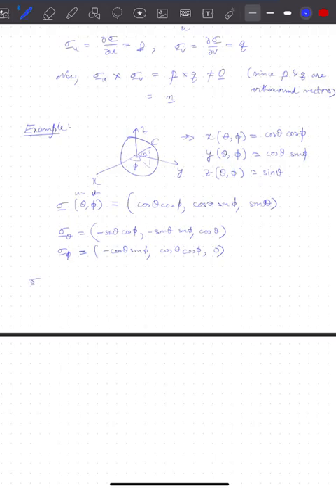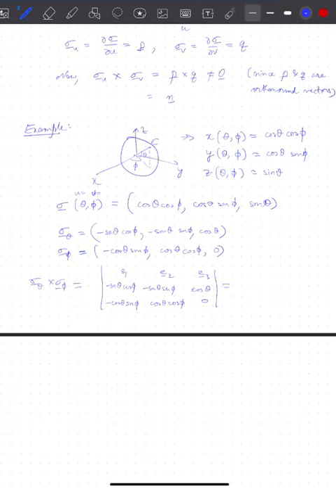And let's take its cross product. So sigma theta cross sigma phi is equal to, in this, say E1, E2, and E3 coordinates. So we have minus sin theta cosine phi, minus sin theta sin phi, and cosine theta. And this one will be minus cosine theta sin phi, cosine theta cos phi, and 0, right?